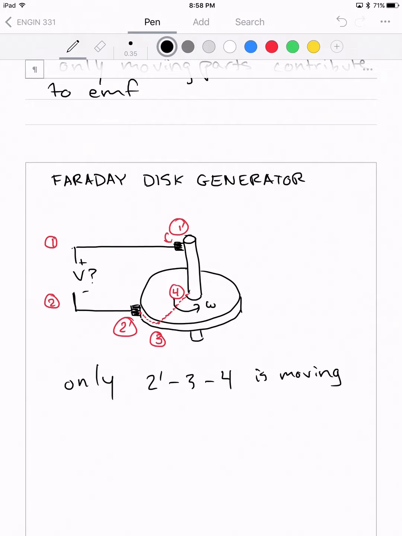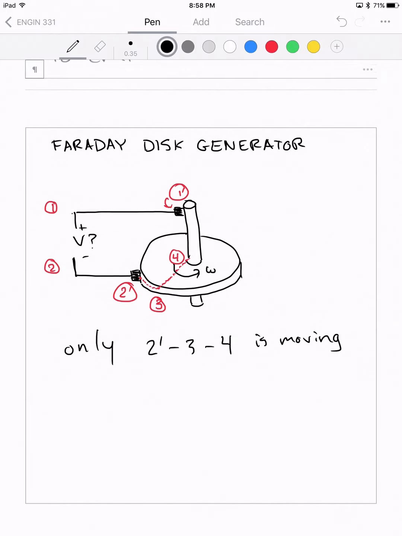But in addition to that, for 2 prime to 3, that part where you travel along the edge of the disc, U is phi directed and dl is phi directed.